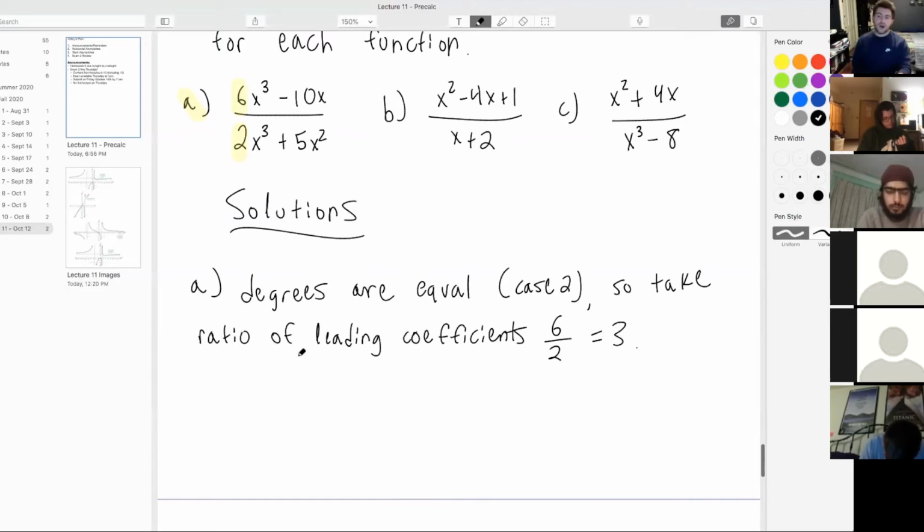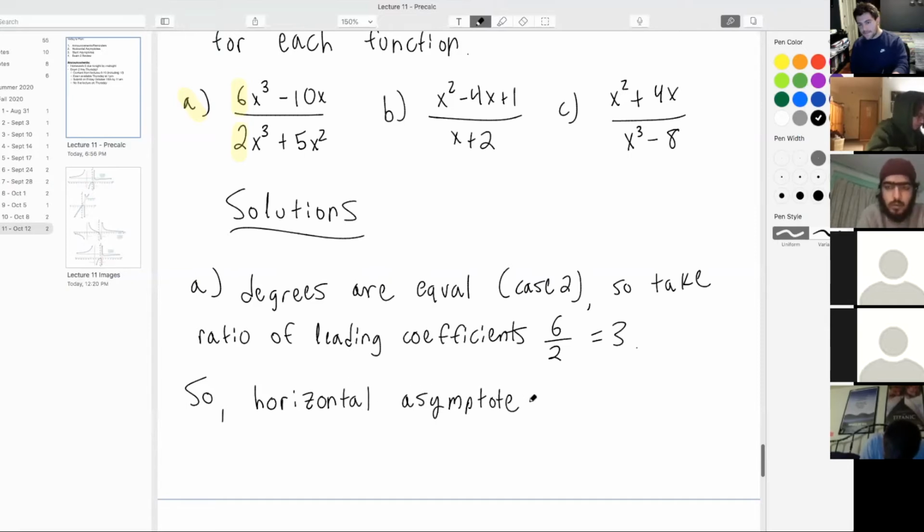And that's where our horizontal asymptote occurs. So we got a horizontal asymptote at y equals 3. All right, so that takes care of that one. All right, so any questions?